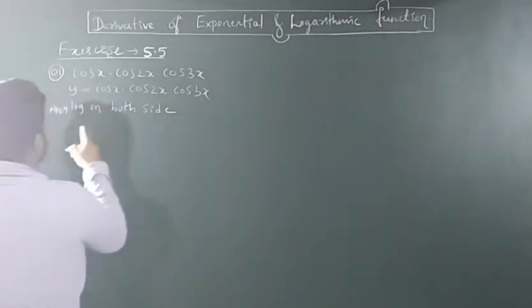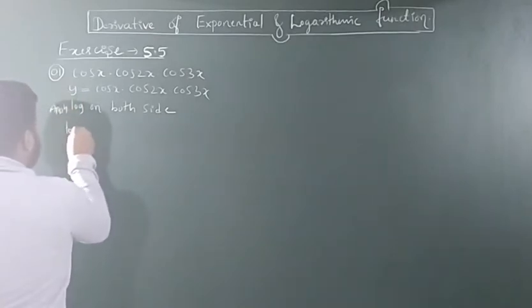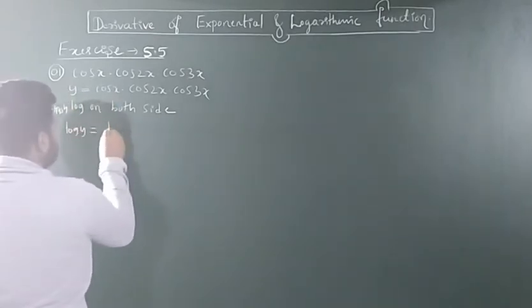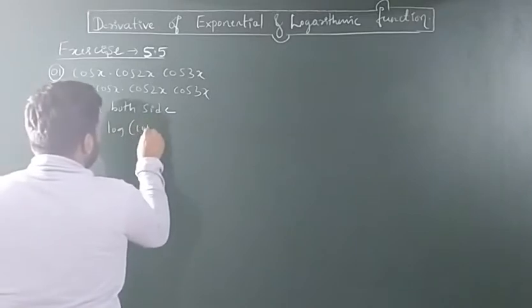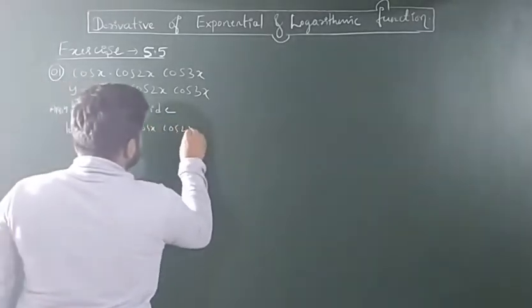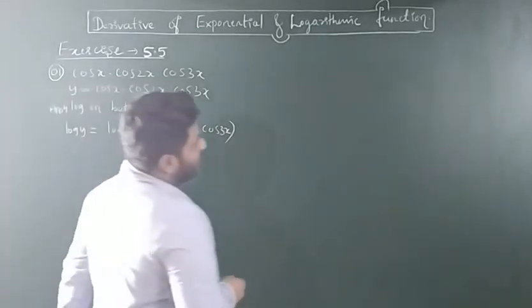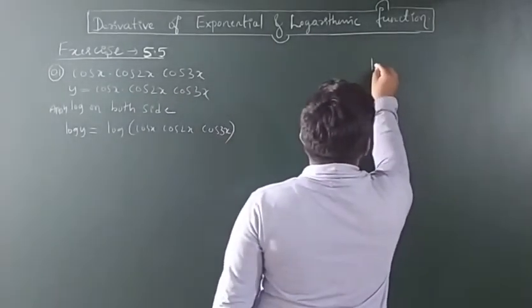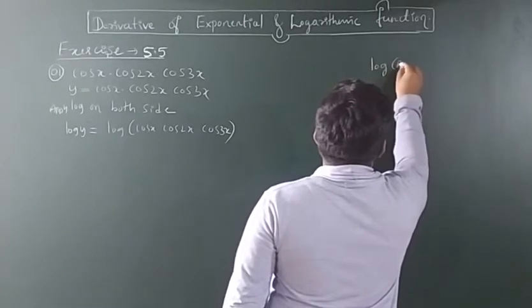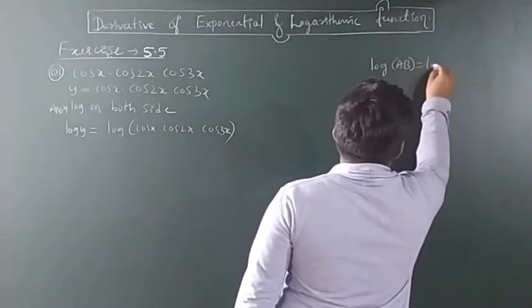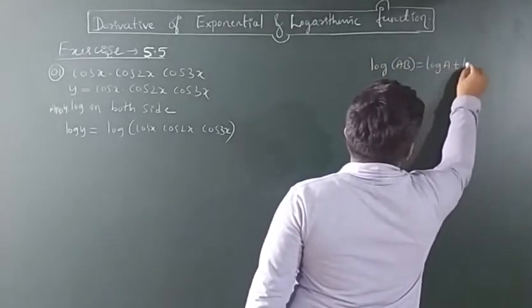When we apply log on both sides, it becomes log y, and here it is log of cos x, cos 2x and cos 3x. You know already the formula log a into b is equal to log a plus log b.